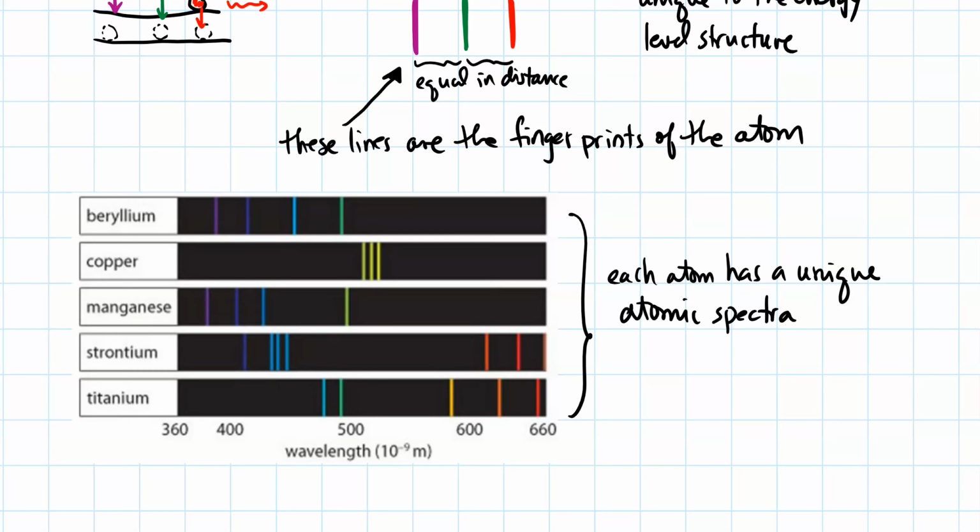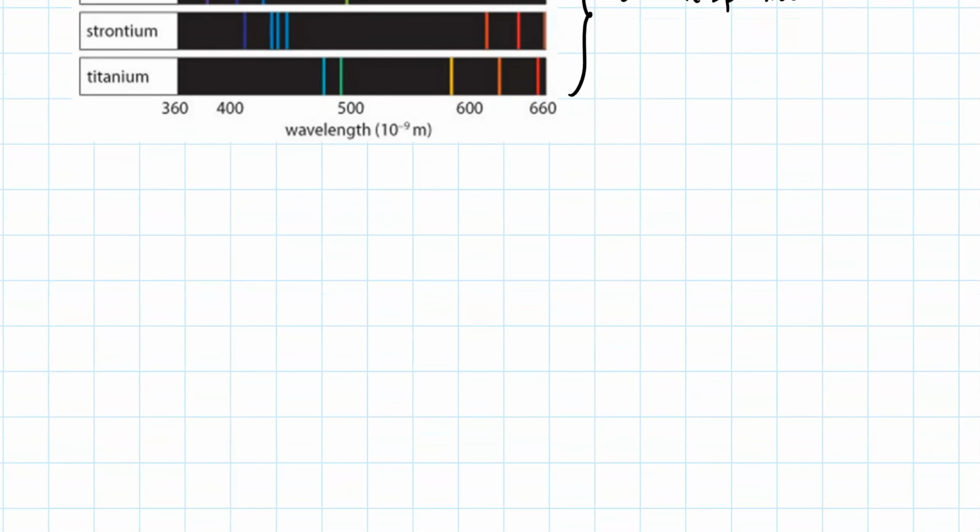To show you the number of possible spectral lines that an atom can have here, I want to compare a 3 energy level system to a 4 energy level system.